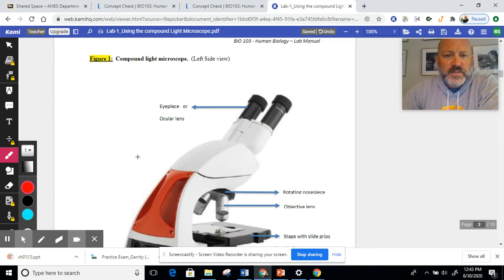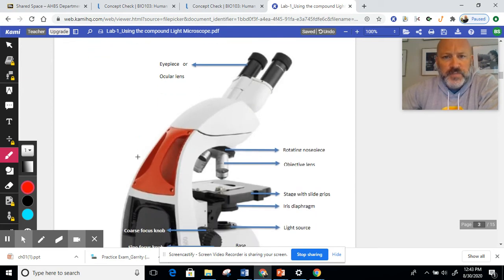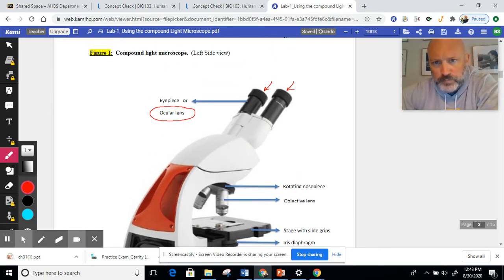All right, let's go over the parts. So the eyepiece is also called the ocular lens, and this is the part that you would be looking through. Now we have 2 ocular lenses, so this is a binocular compound microscope.